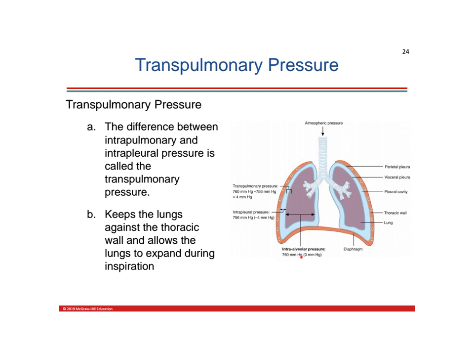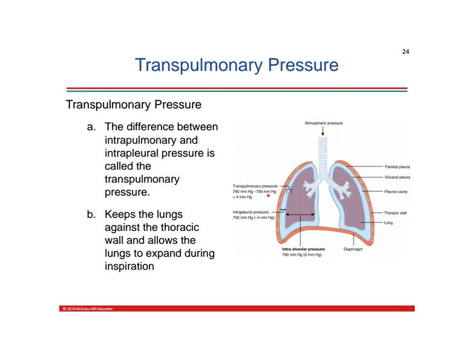So it's 760 millimeters of mercury. Okay, so that's the intrapulmonary pressure. And then if we look here, we have the intrapleural pressure, which is 756 millimeters of mercury. So it's 4 millimeters of mercury less.